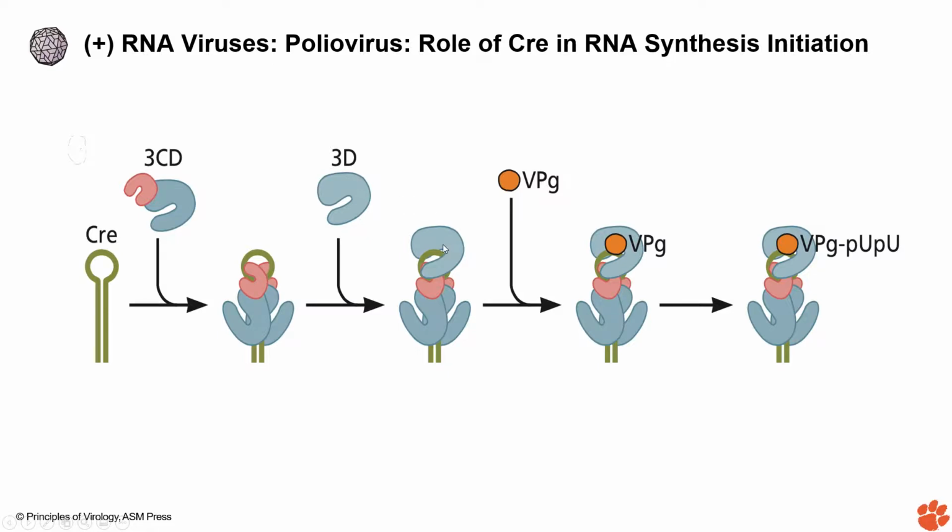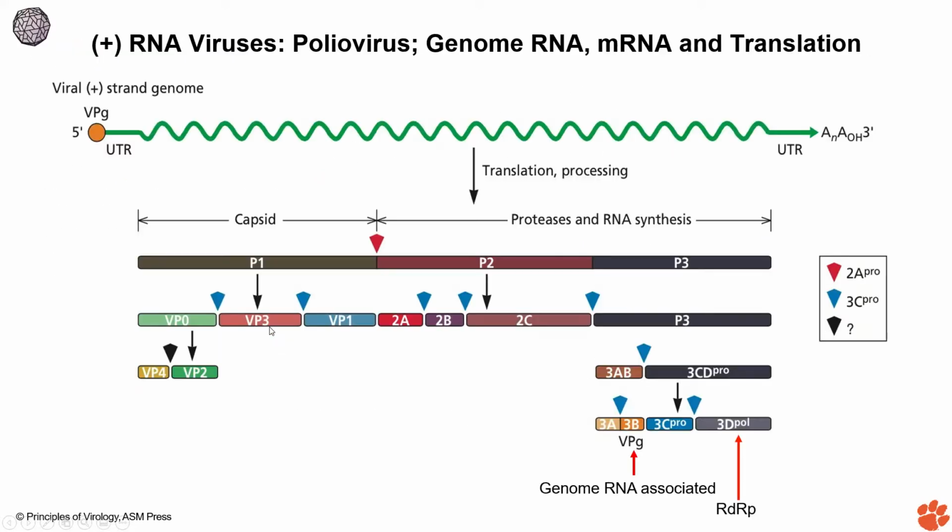A 3D, which is the 3D pol, the RNA-dependent RNA polymerase, binds onto this loop structure, and it gets the VPG attached to it, and it attaches covalently. The top one is the RNA-dependent RNA polymerase. Remember that. 3CD pro is not the RNA-dependent RNA polymerase.